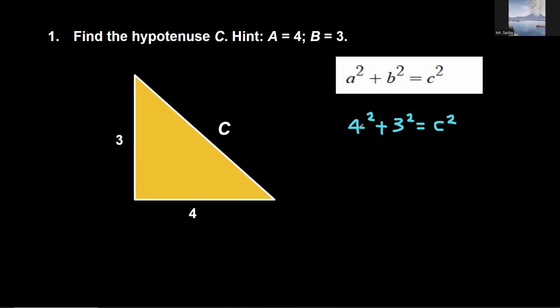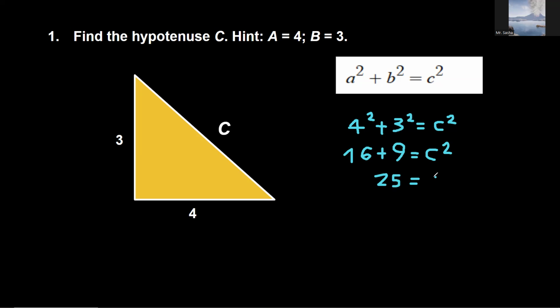Now we have to convert these square numbers to perfect squares. So 4 squared is equal to 16. It's because 4 times 4 is 16. So 16 there, plus 3 squared is 9. So we're going to have 9 there. Okay, equals c squared. Now we add 16 and 9 together, and we get 25.